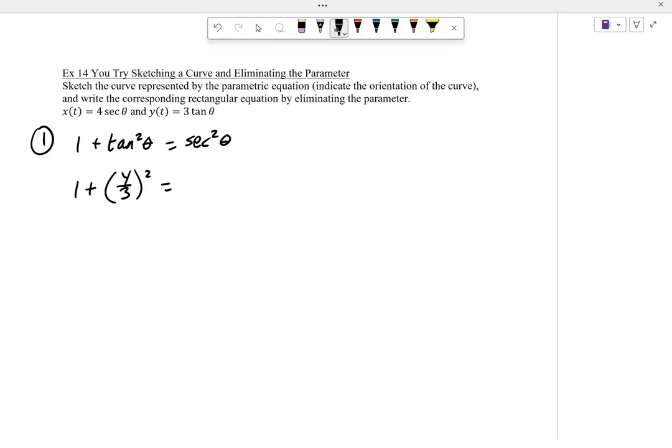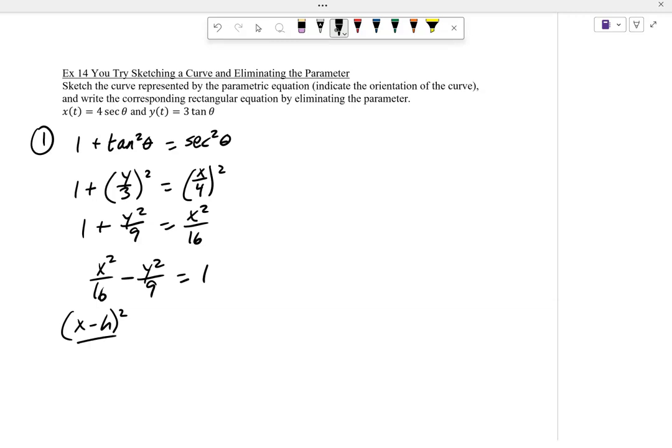From the first equation, secant theta would be x over 4. And so we've got 1 plus y squared over 9 equals x squared over 16. So x squared over 16 minus y squared over 9 equals 1. Notice I got a minus here. So this is a hyperbola centered at 0, 0.